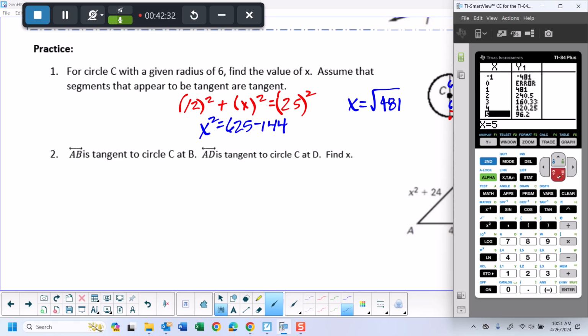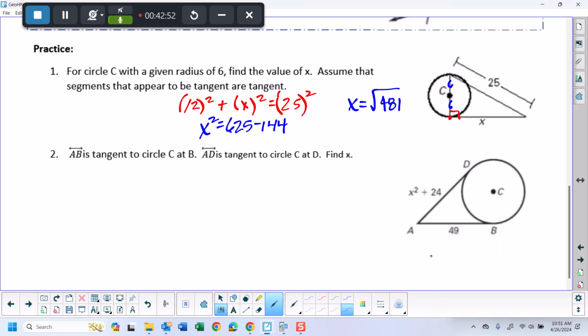Anything evenly go into 481? Oh, 13 and 37. Any chance of simplifying that radical? How do I know? 13's prime, and so is 37. There you go. That's my value of x.